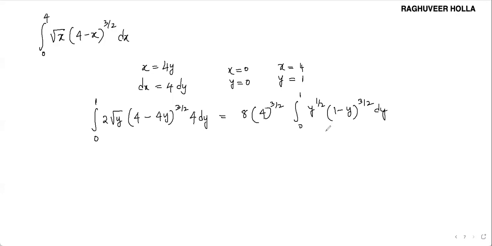So that would be 64 beta of 3 by 2 comma 5 by 2.